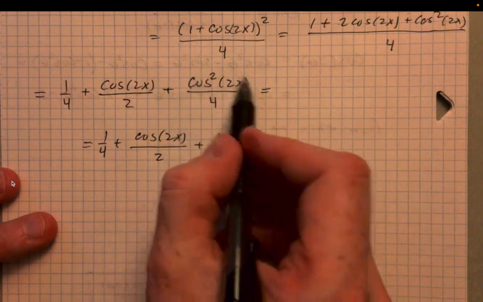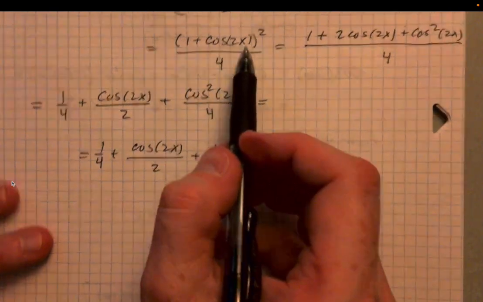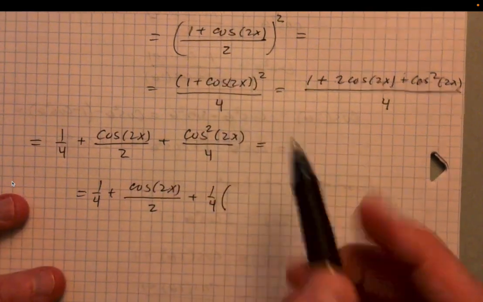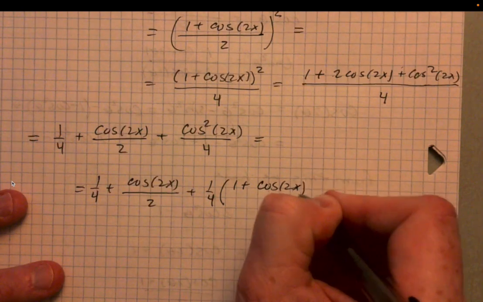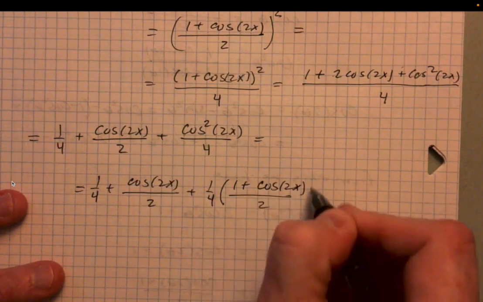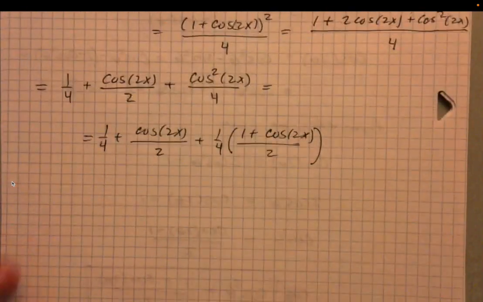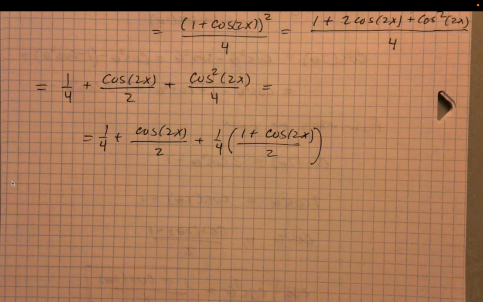When we power reduce that numerator section, it's going to be this thing here, isn't it? So it'll be 1 plus cos 2x over 2. Okay. And so we've got this.